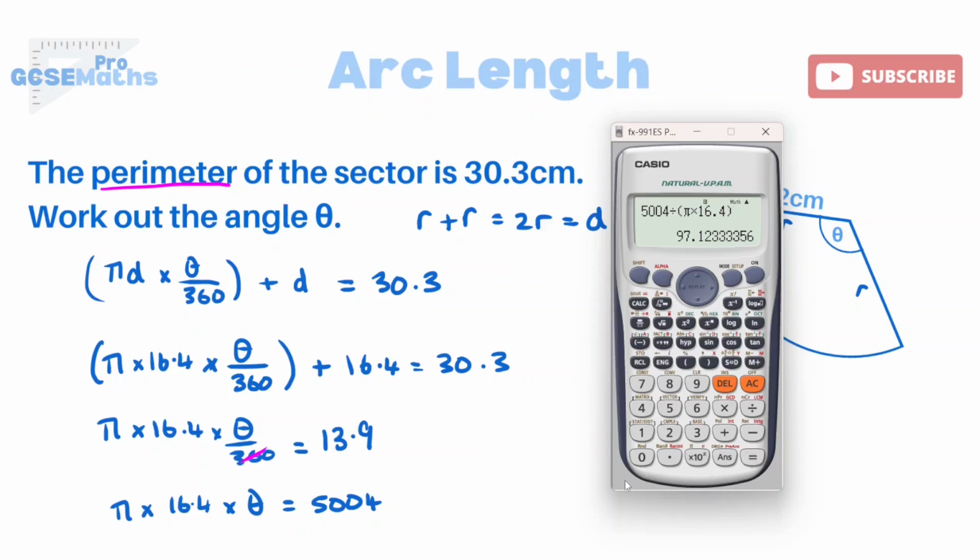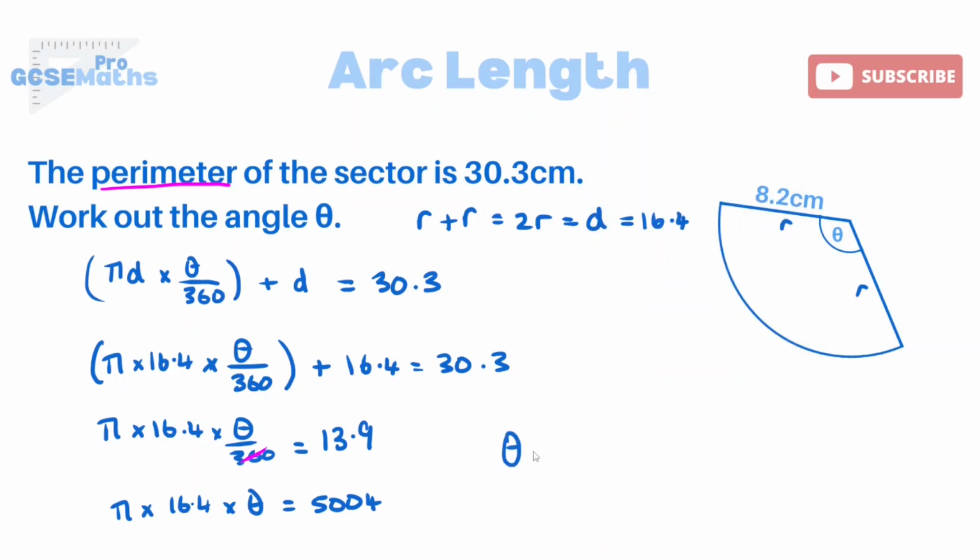You can do that, because when you times multiple numbers together, it doesn't technically matter which order you've times them in. So I'm just going to move them both across at the same time. So I've got for theta 97, and if I do it to 1 decimal place, 97.1. So therefore theta is 97.1 degrees, and that is to 1 decimal place. With these ones I would definitely set up an equation first, so that you can then quite clearly just focus on the algebra rather than having to figure it out off the top of your head.